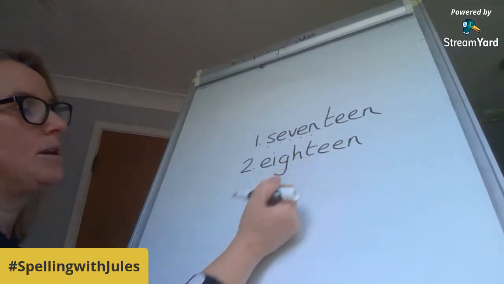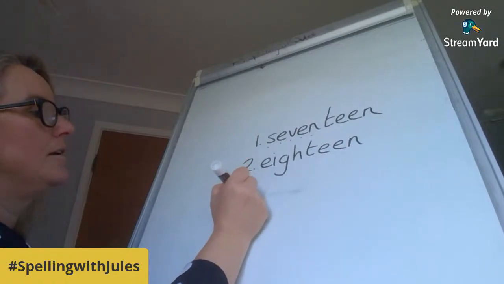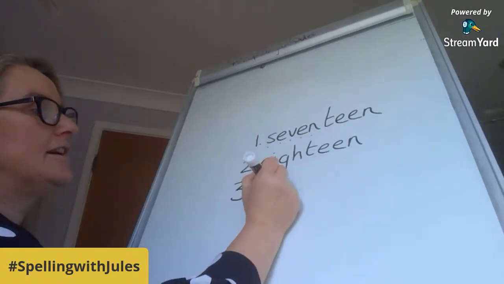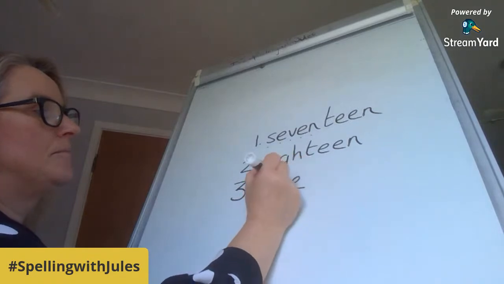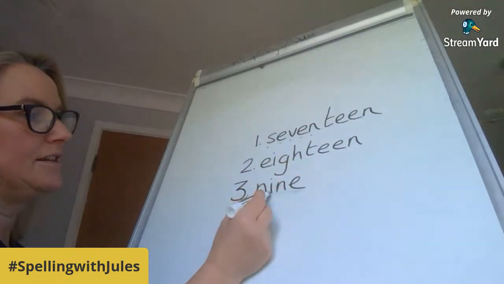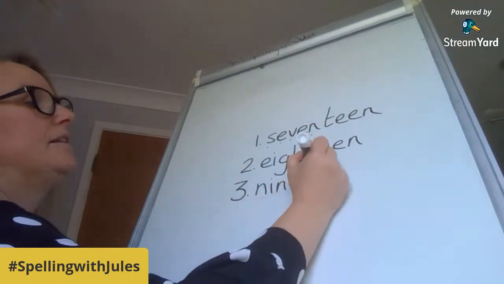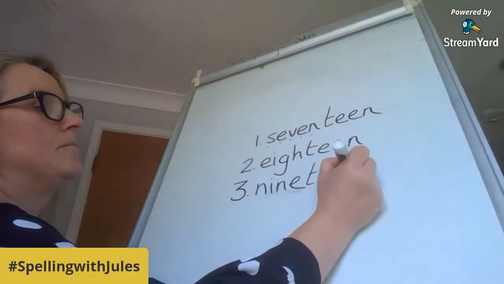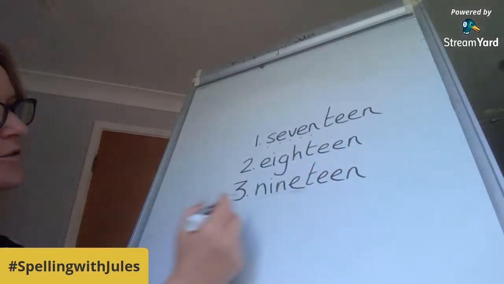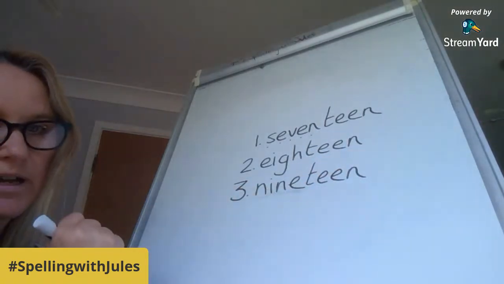Okay, but you don't double it up. Number 3, 19 again. And that's your split digraph, isn't it? So the I becomes an I. So that's the same as the other number, and then add teen. And you don't drop the E like you might do with ing.